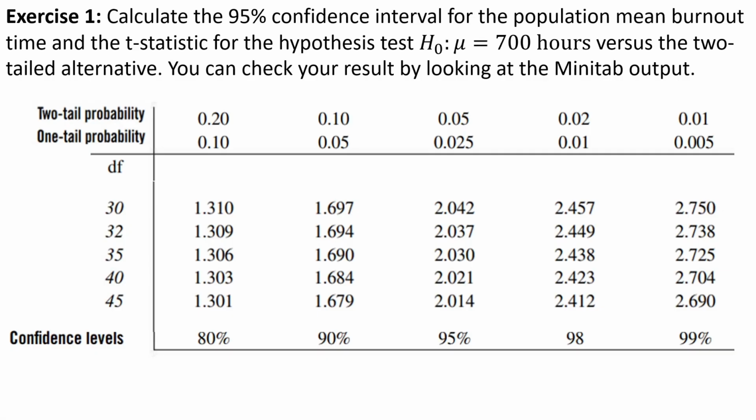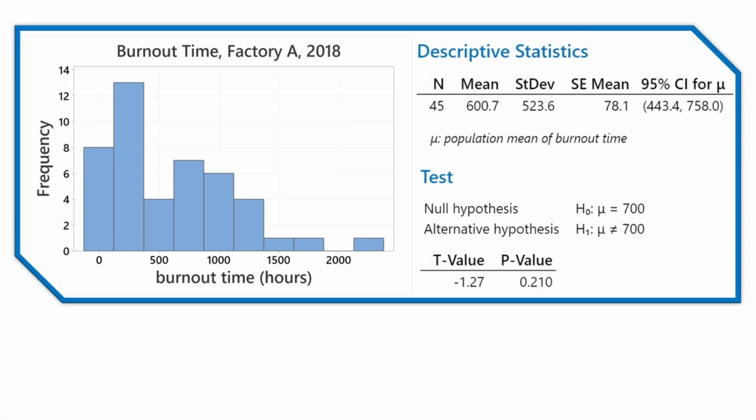So the first question is to calculate a 95% confidence interval for the population mean burnout time and also the test statistic, the t statistic. In order to calculate the confidence interval, we need to know what the critical value will be for a 95% test. The sample size, n, is equal to 45.